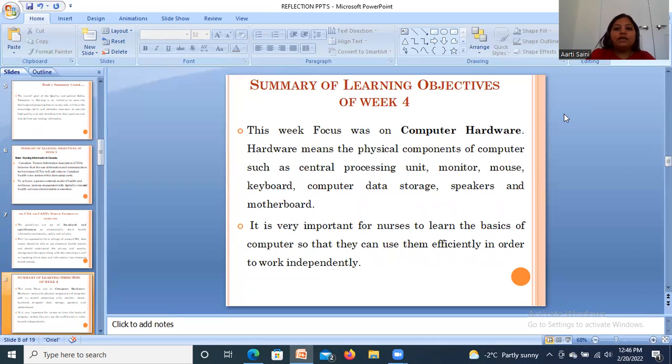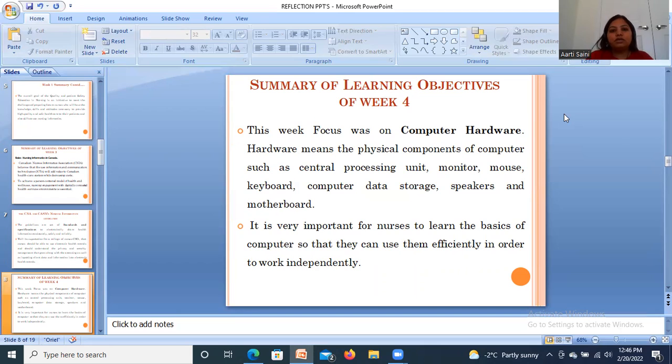Now further, the summarization of the week 4 objectives. This week mainly focuses on the computer hardware. As we all know, the hardware means the physical components of the computer, such as the central processing unit, CPU, which is also known as the brain of the computer, and monitor, mouse, keyboard, computer data storage, the memory, speakers, and motherboard.